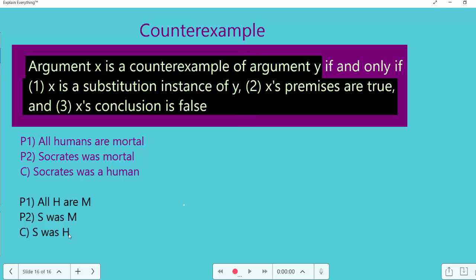So what do we do? We give ourselves a substitution instance down here. Wherever we see humans, we give ourselves an H. And wherever we see mortal, we give ourselves an M in the same place.